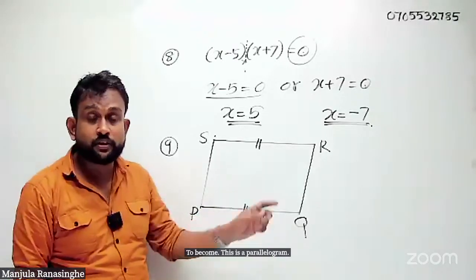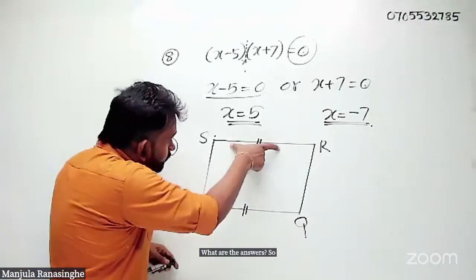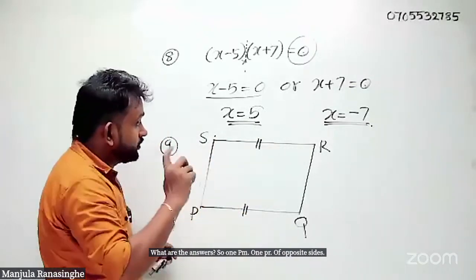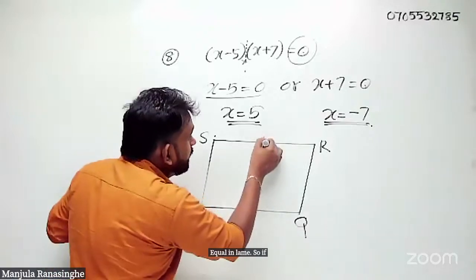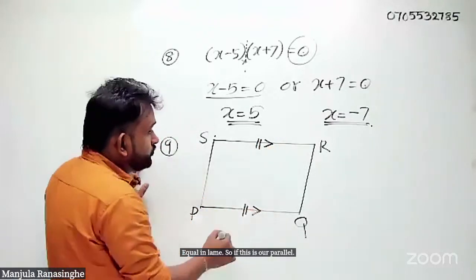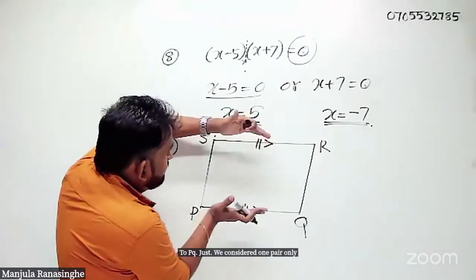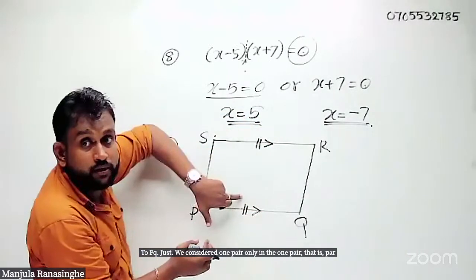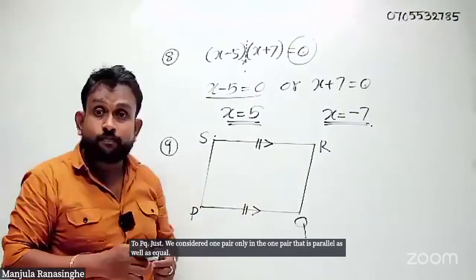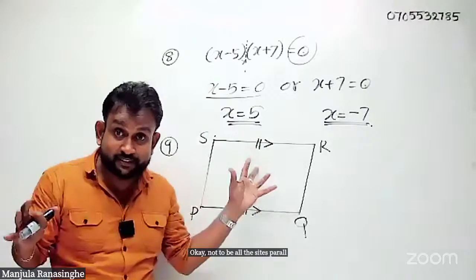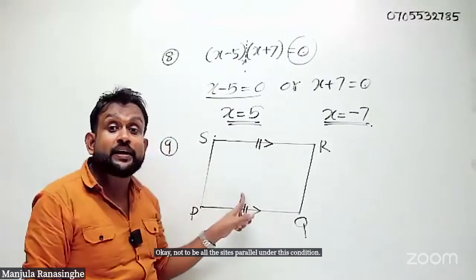What are your answers? One pair of opposite sides equal in length. So if SR is parallel to PQ, we just considered one pair only. If that one pair is parallel as well as equal, then this is a parallelogram. Okay, not all the sides need to be parallel under this condition, just one pair equal and parallel.